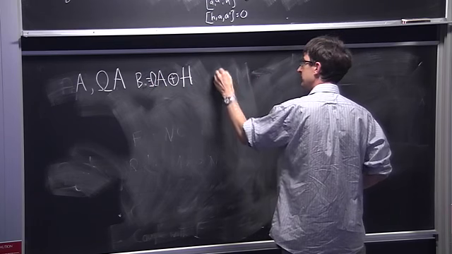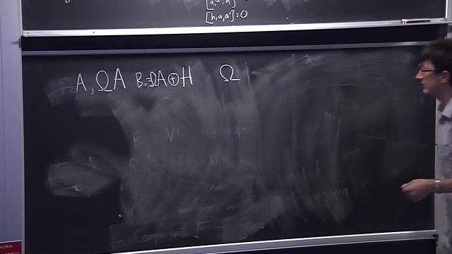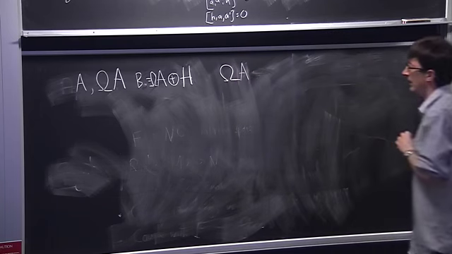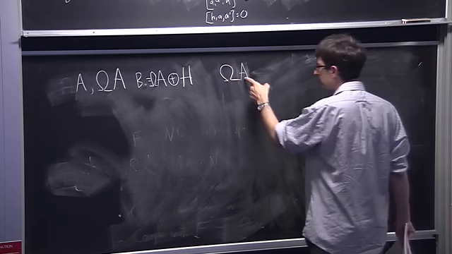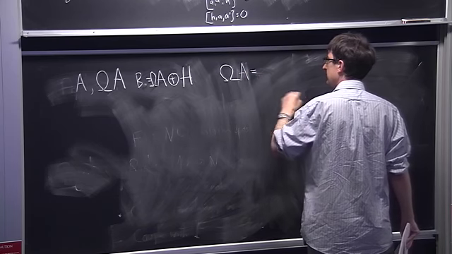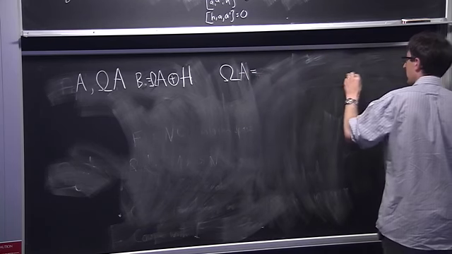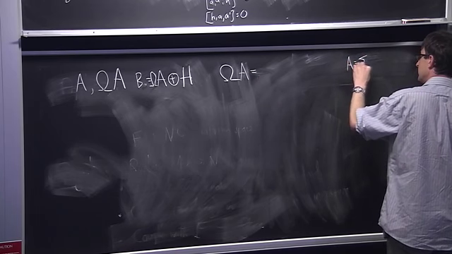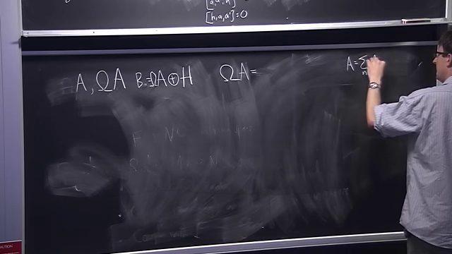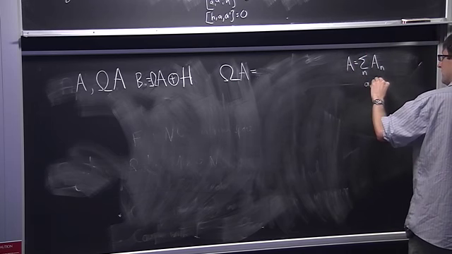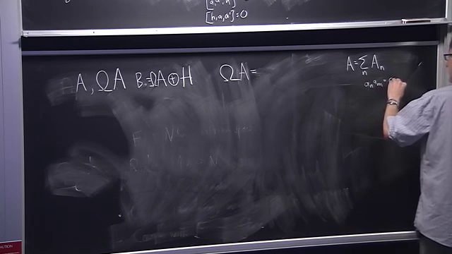Omega A, associated to any algebra, associative or non-associative, is a universal differential graded algebra. What I mean by a graded algebra is an algebra that decomposes into subspaces A_n, but if I take an element from A_n and an element from A_m, I get an element of A_(n+m).